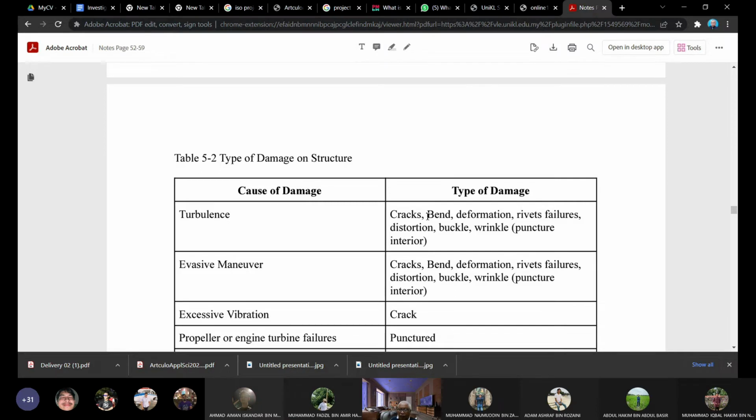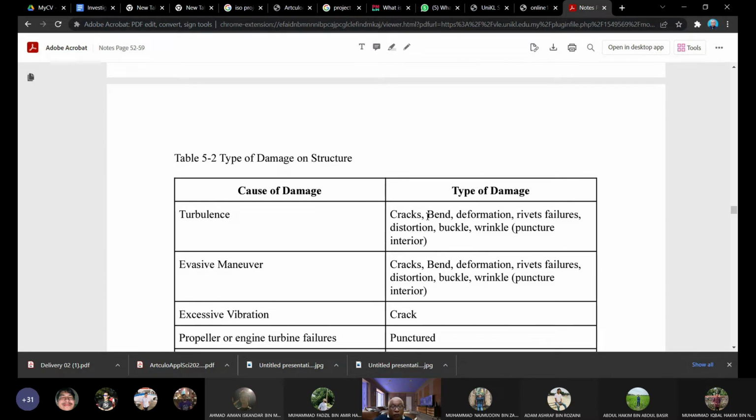Rivet failure, you can see rivet heads missing, rivets pulled out, distortion, buckle, wrinkle. Evasive maneuver, you may also have the same kind of structure damage, and they call all this structure overload.